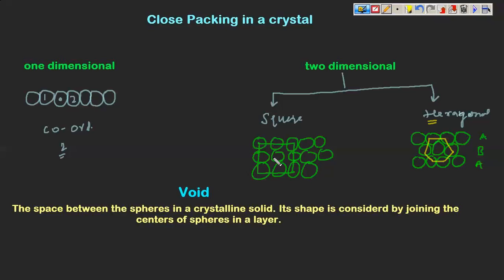Here, if you join the centers of the particles, you will find a square shape. If you join the centers of the particles in hexagonal close packing, you will find a triangle.